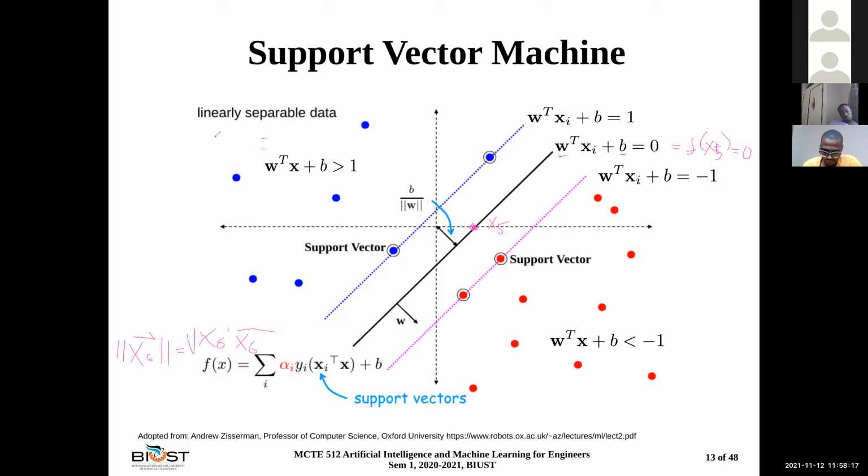It's just the same. You multiply X1, X2 with X1, X2, and you take the square root.